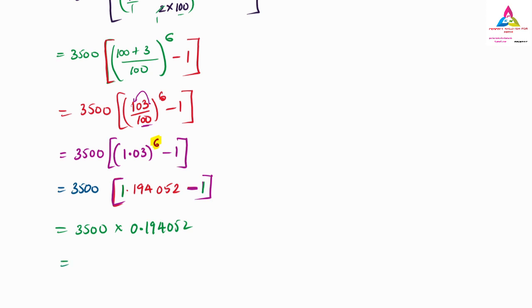So if you do the calculation, what is the answer we are going to get? Let us see. So 3500, that's 35 we can consider, and here I will write down 0.194052. So 35 ones are 35, you can move 35 twos are 70, or 35 ones are 35 also you can move. Like this way, calculation you can do. We are going to get 25, and 1 is the carry over. So 20, so 45, 47, 4, 5 ones are 5, 6, 9 we will have.